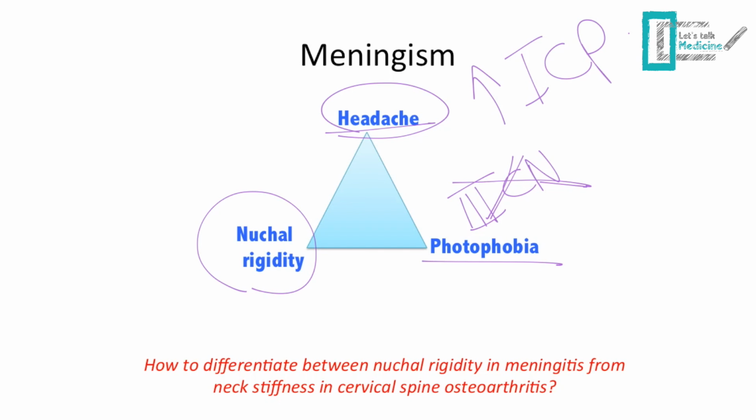Well, nuchal rigidity in meningitis is basically restriction of neck movement in flexion. When you try to bring the chin of the patient to the chest, this will be very difficult. However, in cervical spine osteoarthritis, you will notice that all of the movements of the neck will be restricted: left, right, up or down, flexion or extension.